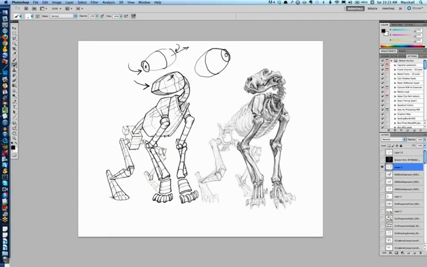But here's the bigger point. The bigger point is that this drawing on the right is too complicated to memorize, to fully understand. It's just too complicated to learn from.